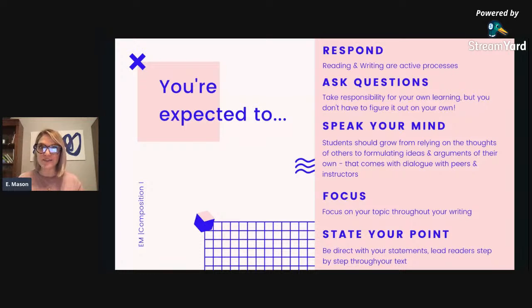Speak your mind. Typically, when you're younger, your thoughts and opinions come from your parents or your friends, from people around you, so you just kind of mirror a lot of those. Part of being in college is learning how to think by yourself and not just mimicking what other people say and do.